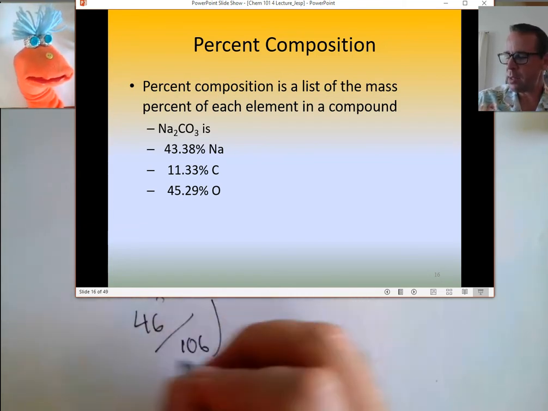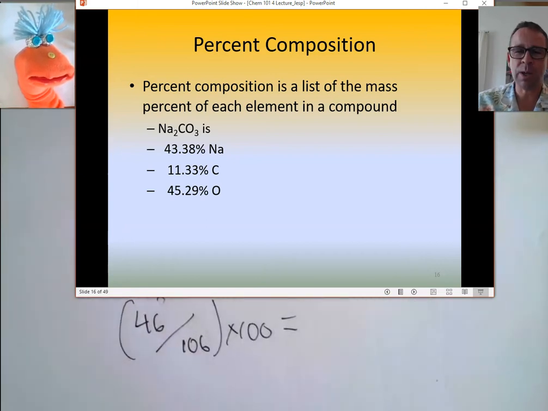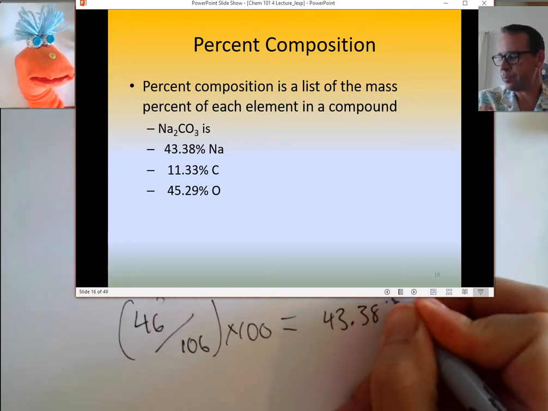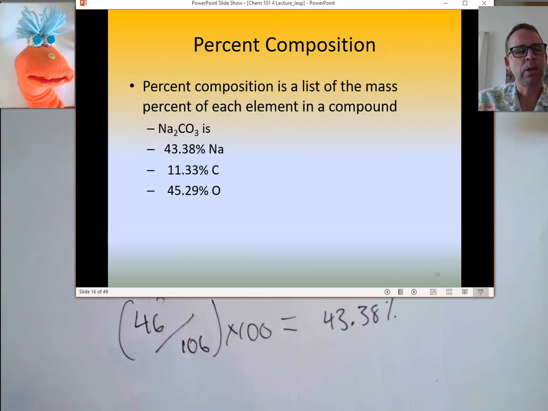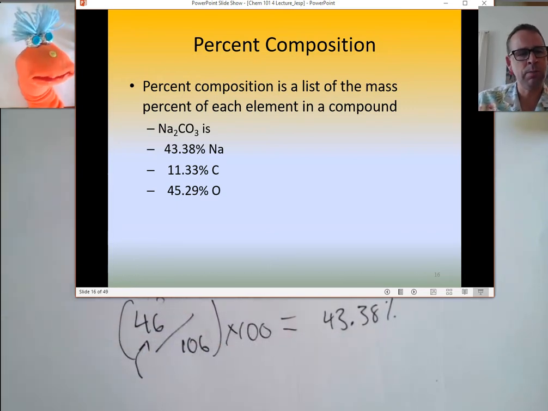And then that times 100, that's our fraction multiplied by 100, and we get our percent. So there is where we're going to get our 43.38%, okay?